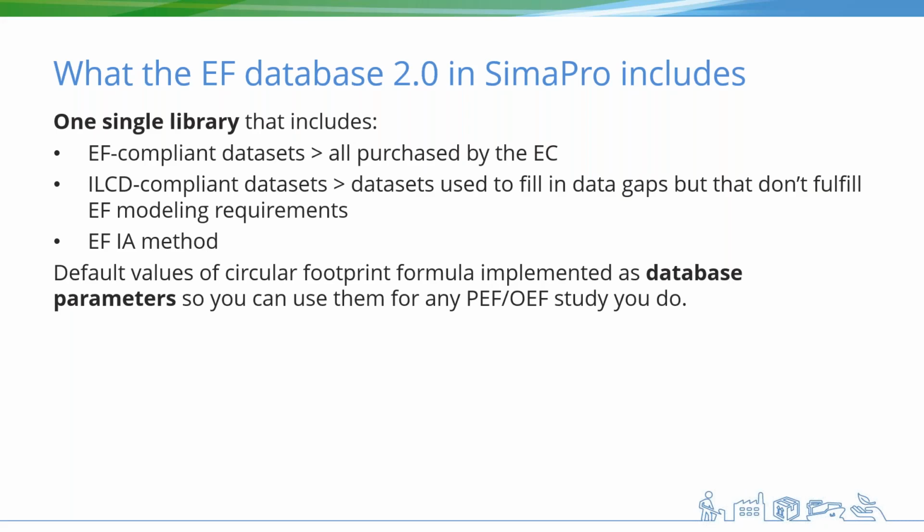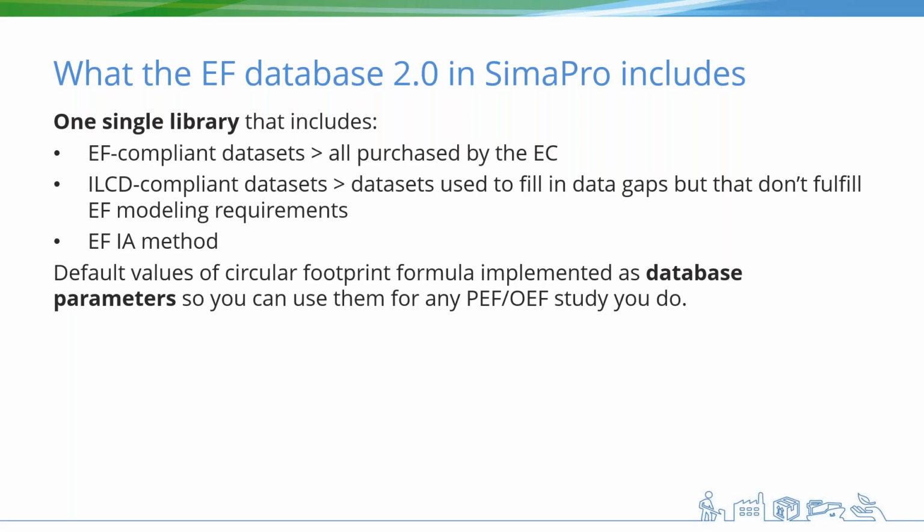Then we have ILCD compliant datasets, which were used to fill in existing data gaps. This means that they don't fully fulfill the EF modeling requirements, but they were still available in ILCD format. We've implemented them as well, because they are also part of this list of prescribed datasets to be used in the PEFCRs and OEFSRs.